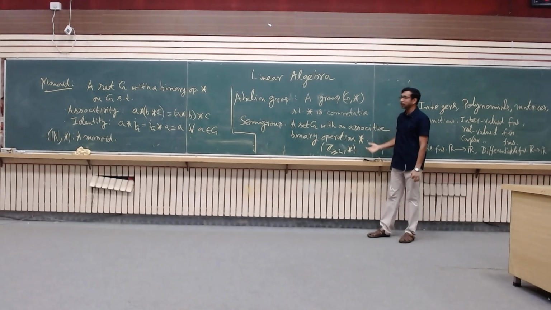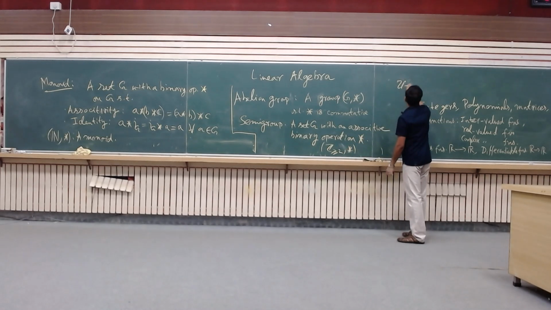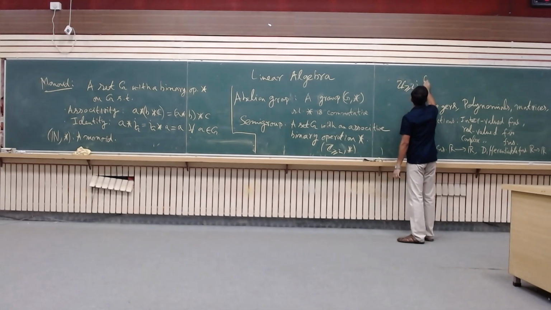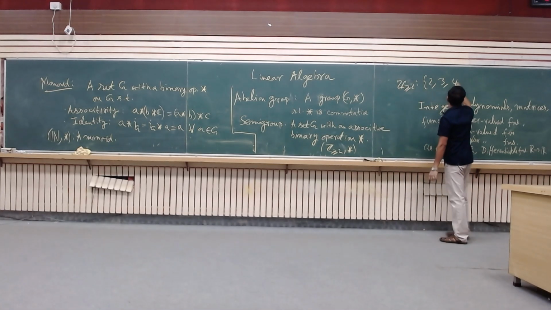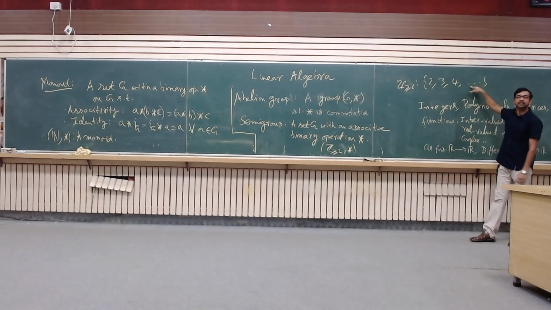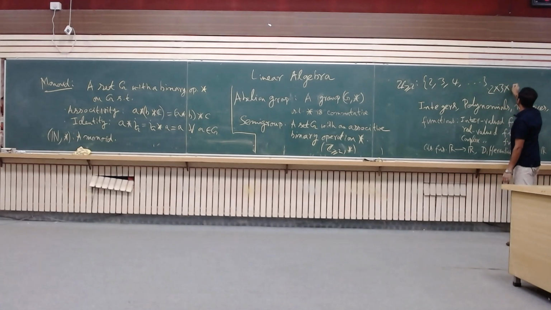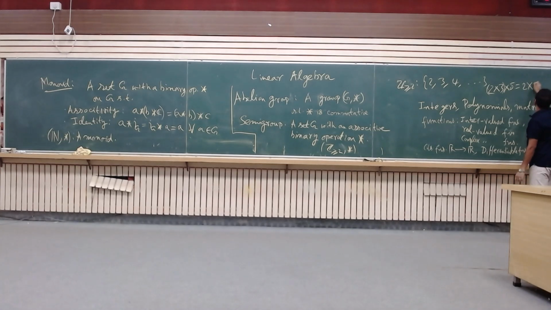So take any example of a group, and that serves as an example of a semigroup. But nevertheless, what we mean by the set of integers greater than or equal to 2 is just the set of integers 2, 3, 4, etc. If you multiply any of them, you get something back in the set. So it is closed under multiplication. And that multiplication is of course associative. That is, it doesn't matter whether you multiply 2 times 3 first and multiply 5 after that, or whether you multiply 3 and 5 first and multiply 2 after that.